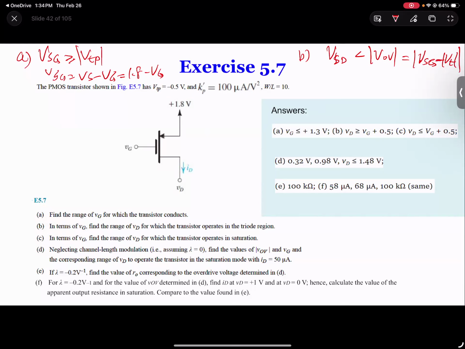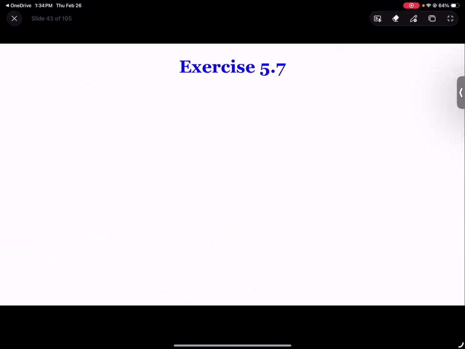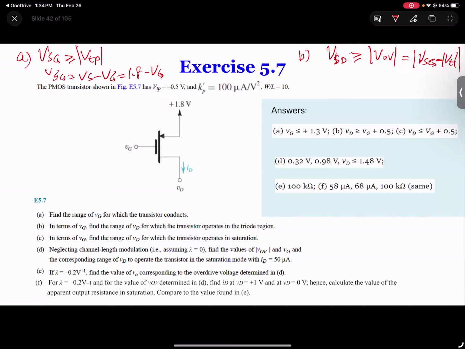So plugging that into the equation, you'll find VSD as a function of VSG. VT is given. So from there, you can find out that VD has to be larger than VG plus 0.5 in order to be in the saturation region. Or actually, in the saturation region, I need to rewrite this one. It should be larger. Yeah. So you find that for B.